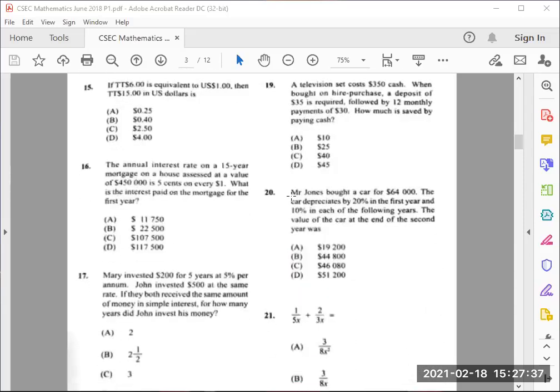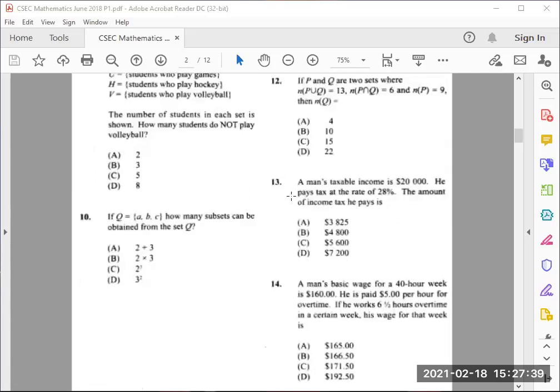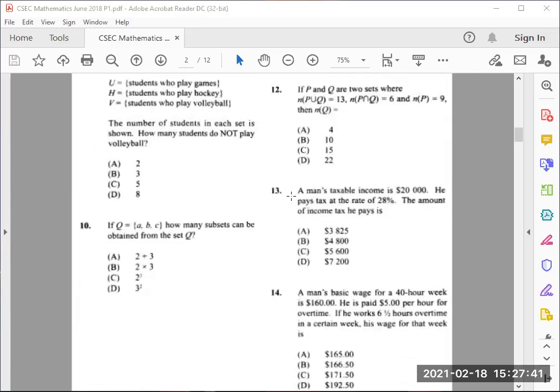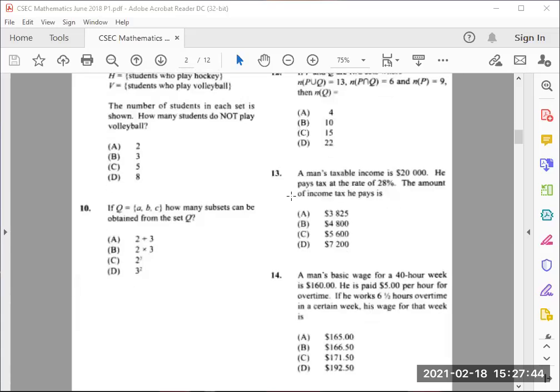Number 10. If Q is ABC, how many subsets can be obtained from set Q? What's the formula for finding the number of subsets?